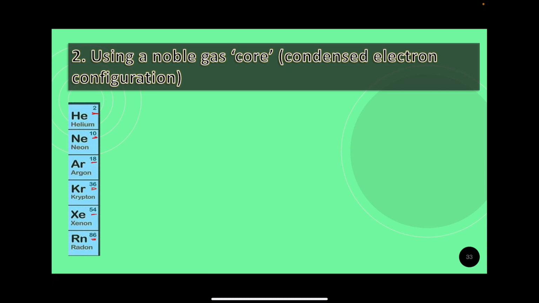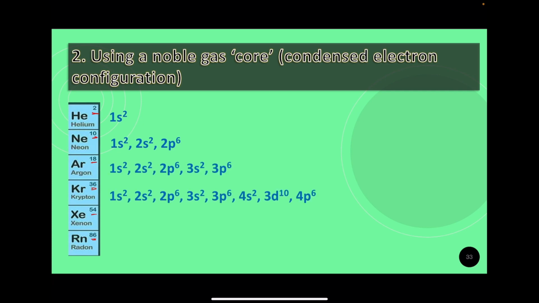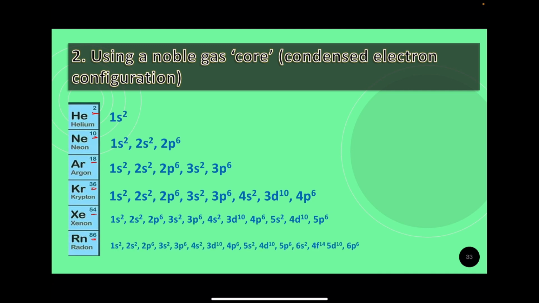So if you can see, this is the electron configuration when you write it down for the noble gas elements. By using the noble gas elements, you can simplify or condense the electron configuration like this.